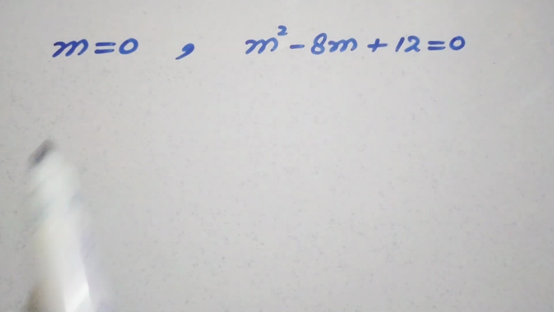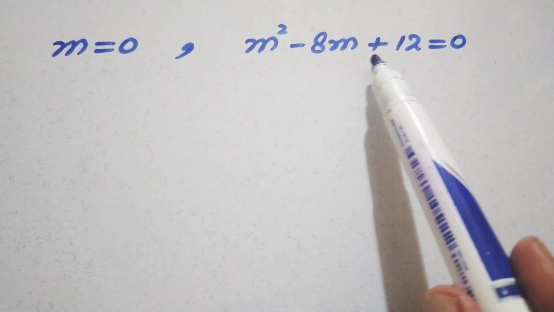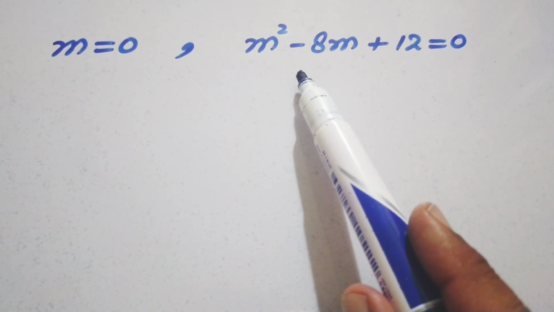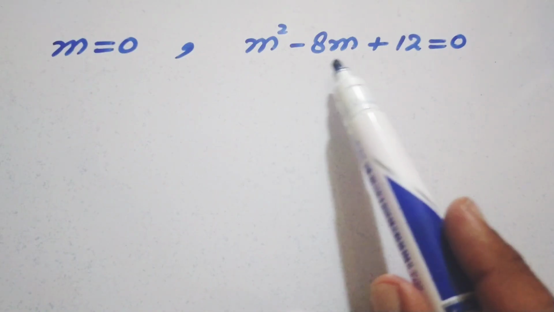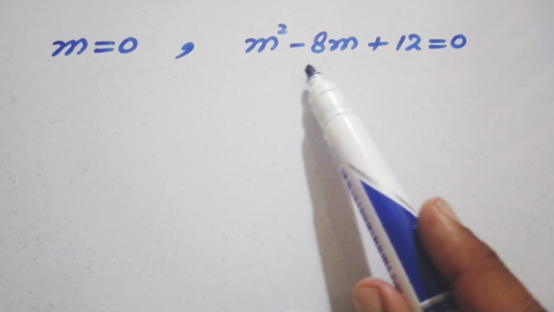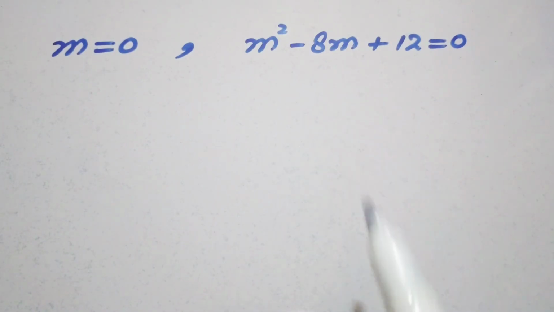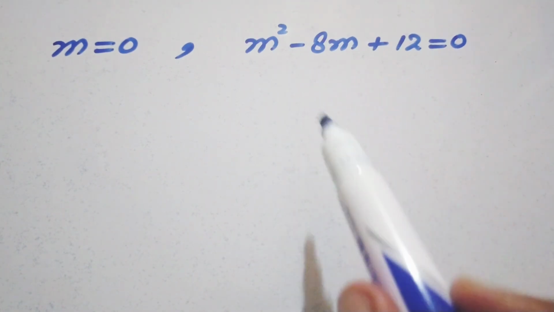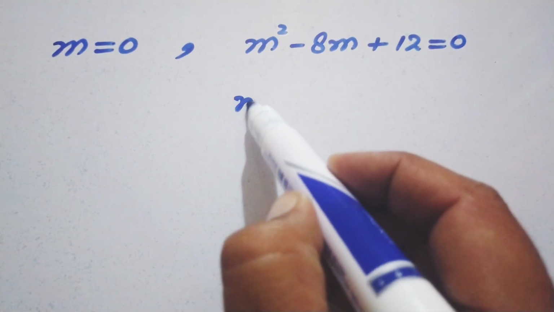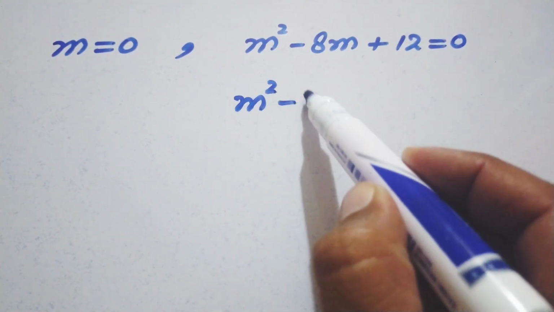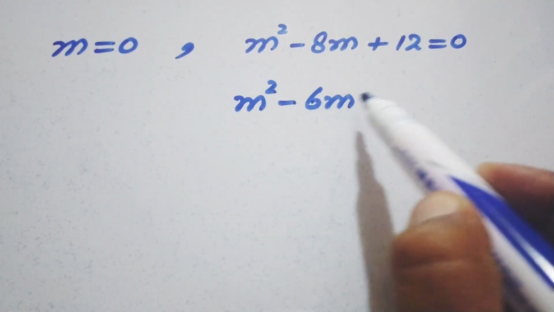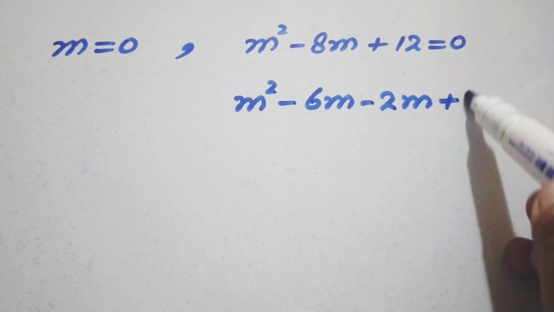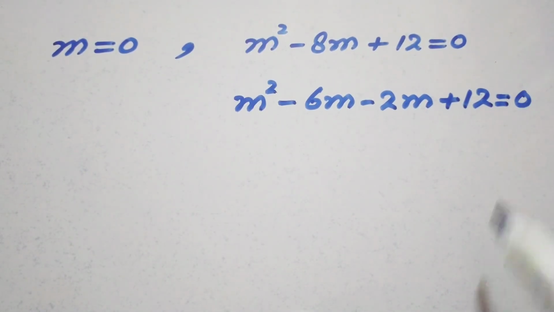Now m is equal to 0 and m squared minus 8m plus 12 is equal to 0. This is a quadratic equation. We can solve this by factorization or completing square method or by quadratic formula. So simply we can solve this by factorization. Here m squared minus 6m and minus 2m gives us minus 8m plus 12 is equal to 0.